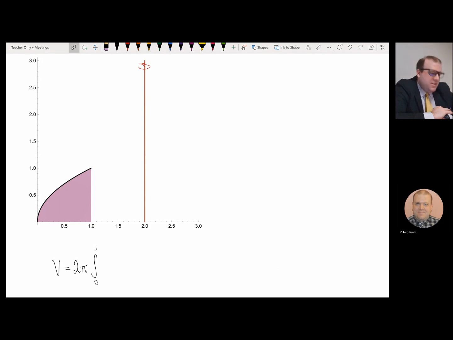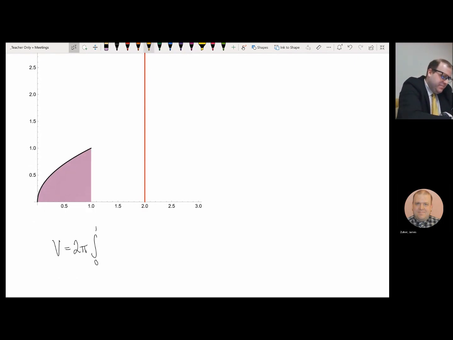What's the radius going to be? It's 2 minus x. That's the radius we're looking for.